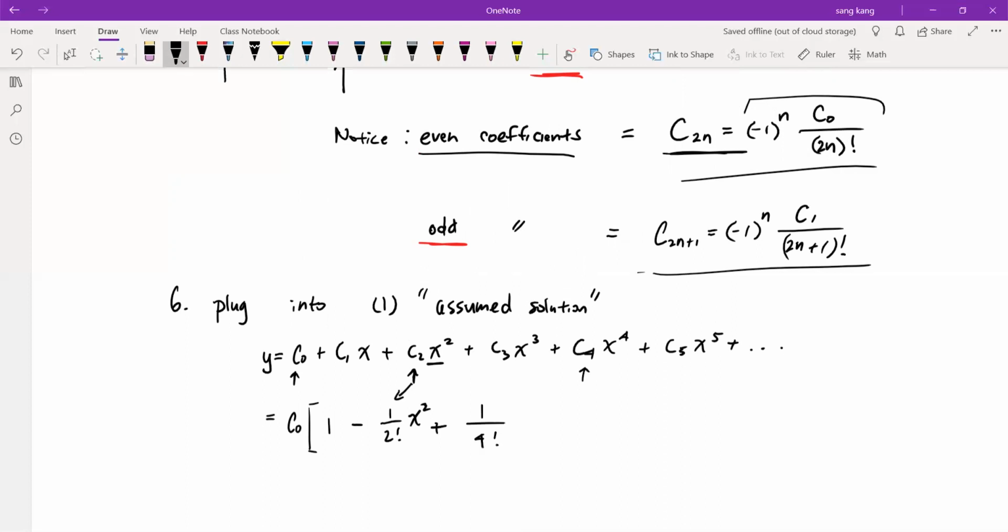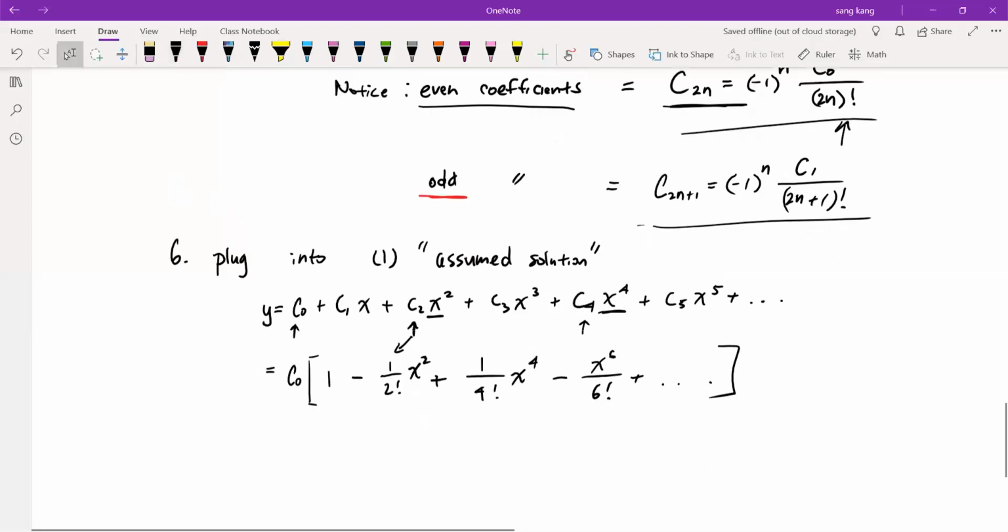And then, of course, we need to multiply by this x to the fourth. The next term will be minus x to the sixth over 6 factorial plus dot, dot, dot. And then you can already see that there's a pattern from there. And, of course, the pattern of the coefficients we described here, right? And all we're doing is multiplying by the x terms that are in our assumed solution.